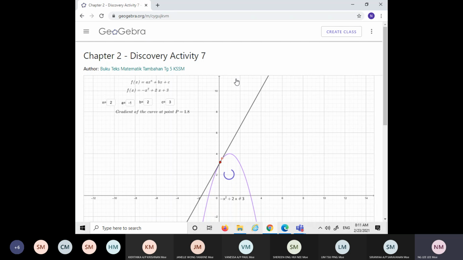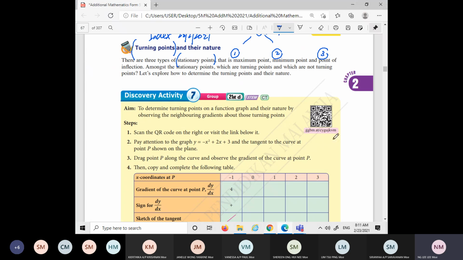Okay, this is the one. I go back to the textbook.